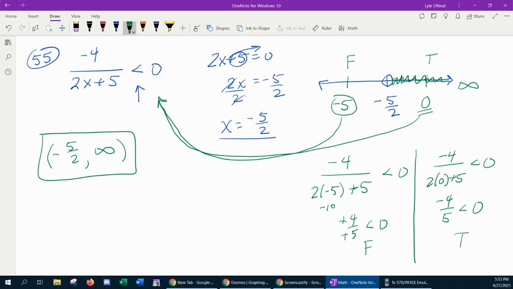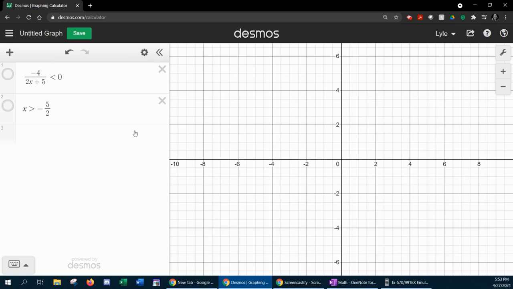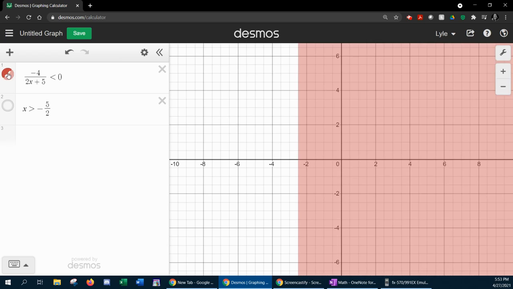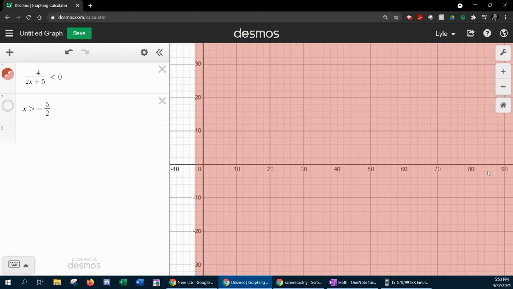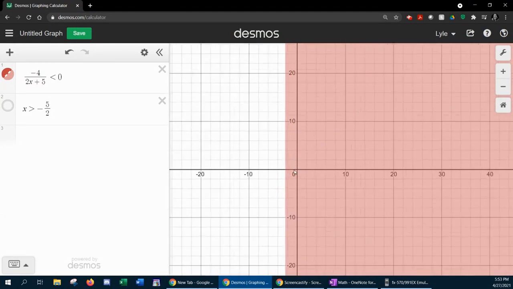Now, what I want to do to add to that is show you how you can use Desmos to check these problems. So in Desmos, you're going to notice that I've already input the original problem just the way it looked, and I'm going to turn that graph on. Notice that it indicates the shaded region going to infinity. No matter how much I scroll out, that shaded region goes to infinity.